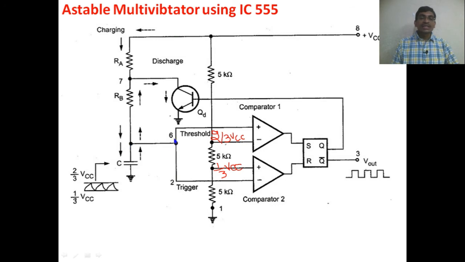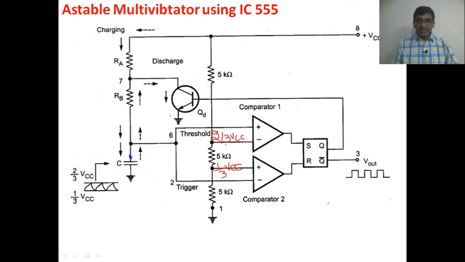This capacitor voltage is directly given to the upper comparator non-inverting terminal. Whenever the voltage is even slightly greater than 2 by 3 VCC, the voltage applied at the non-inverting terminal is greater than the inverting terminal voltage 2 by 3 VCC, which is already given at the inverting terminal.